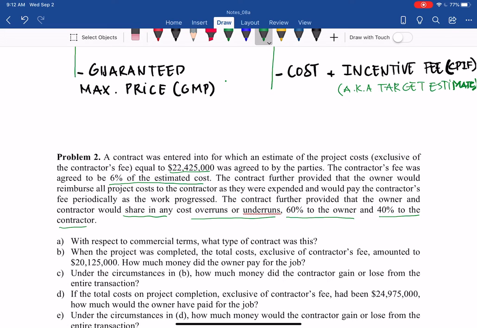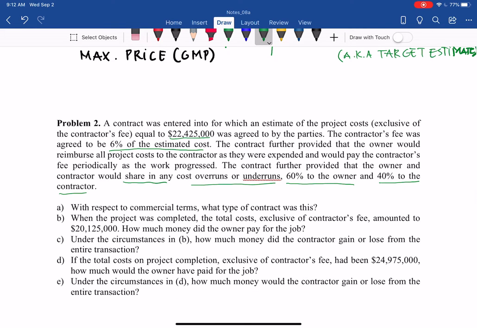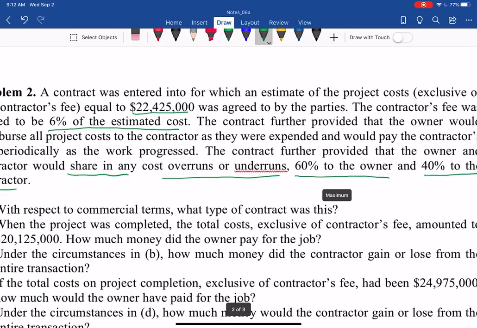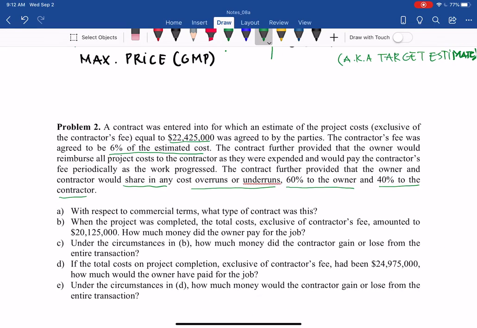But in contract practice, you have to read the contract as a whole, not only read one sentence and decide everything. And that applies here. The very last sentence: the contract further provided that the owner and contractor would share any cost overruns and underruns, 60% to the owner, 40% to the contractor.